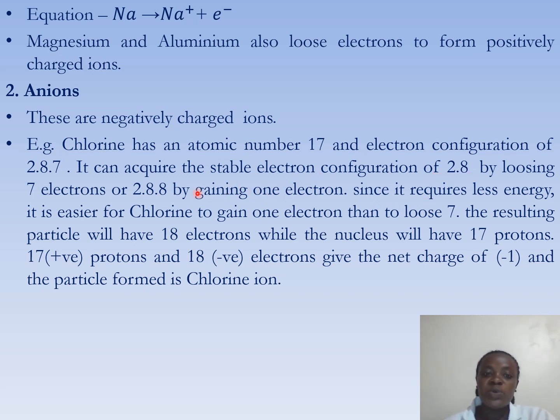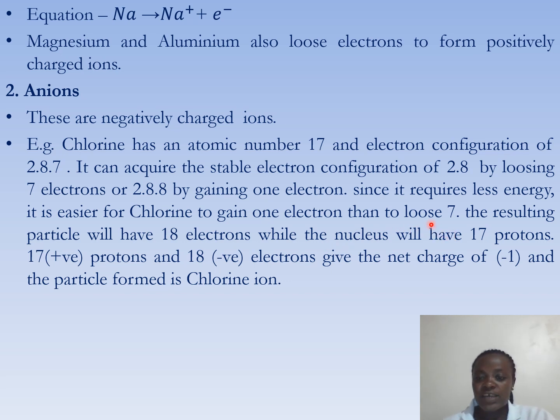Which one is easier? Is it to lose 7 electrons or to gain 1 electron? Definitely gaining 1 electron is simpler than losing 7 electrons. Since it requires less energy, it is easier for chlorine to gain 1 electron than to lose 7 electrons.